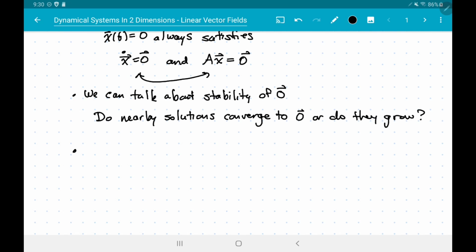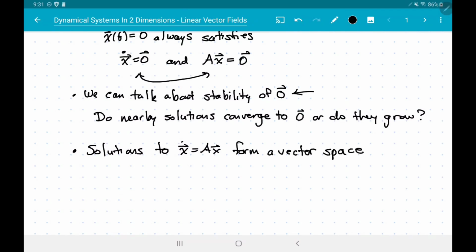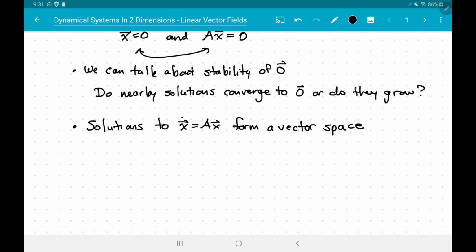Another thing here is that the solutions to x dot equals Ax form a vector space. We've already seen that the origin is a constant solution, a fixed point. That's important. There has to be a 0 in order for a set of things to be considered a vector space.